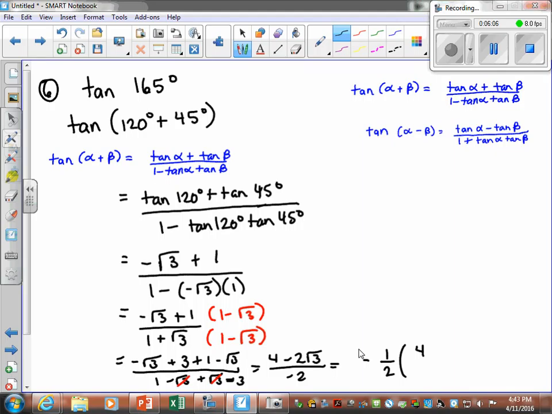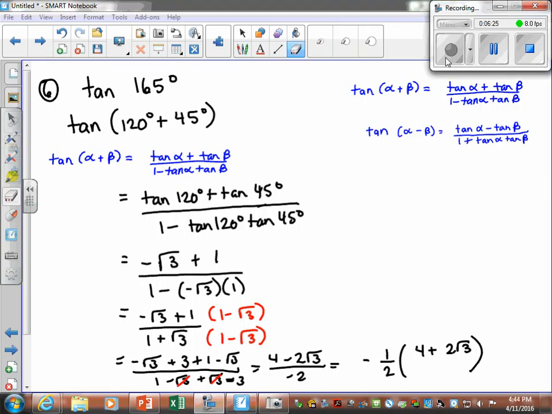And I'll be left with a positive 2 square root of 3. So basically if I distribute this back out, I should get this. Negative 4 square root of 2, and then a negative over a negative is a positive 2 square root of 3. Oops, I mean negative right here. 4 minus.